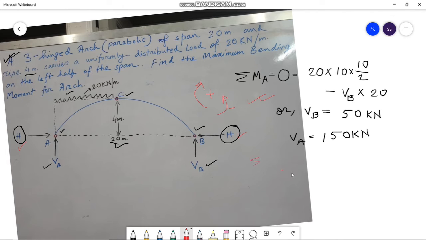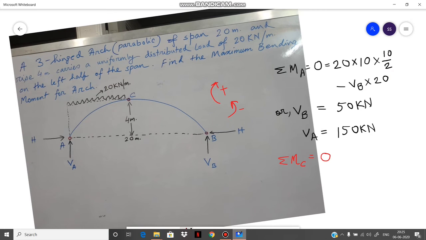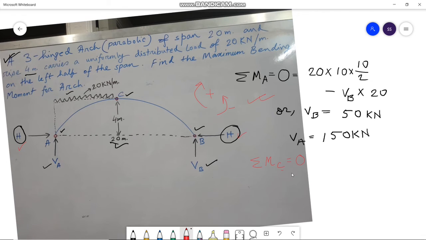So taking moment about point C, we have summation of moment equals to 0, as this is a hinge support. So we have here H into 4. When we are taking moments about point C, the first moment we encounter is the moment caused due to the horizontal thrust, that is H, and the distance between H and point C is 4 meters.